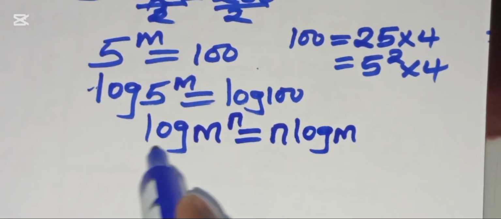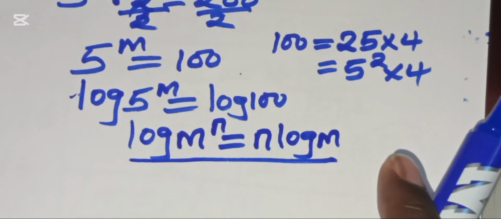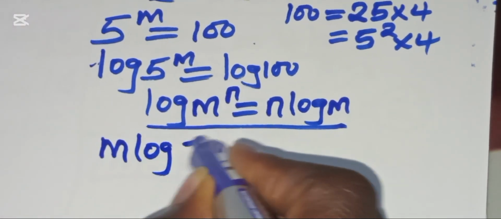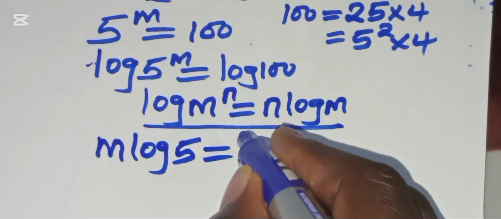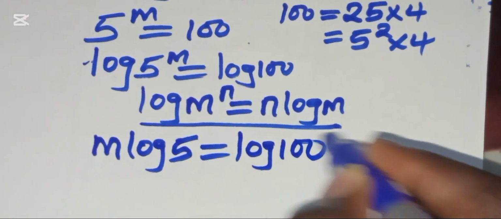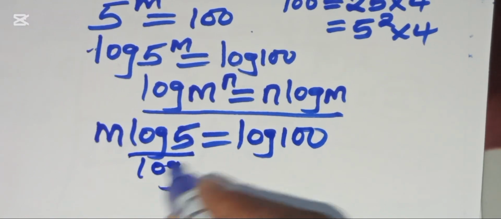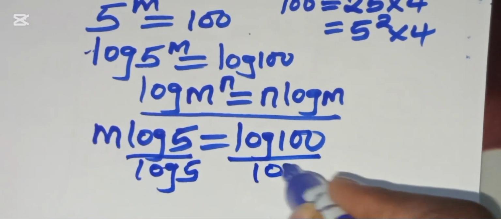So let's apply this property. Now from here you're going to have m log 5 equal to log 100, so we divide both sides by log 5.